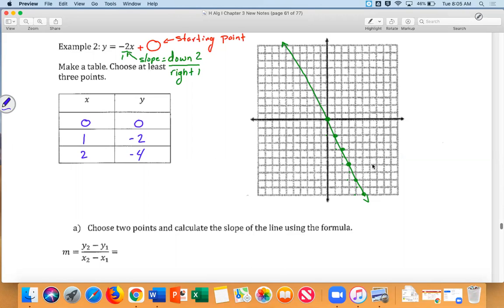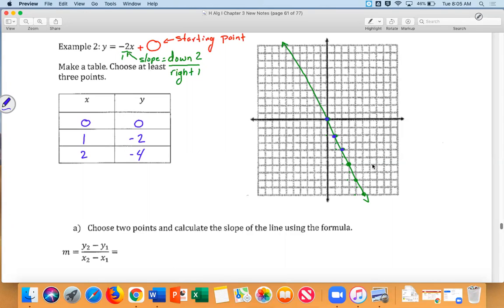Okay, I can check to see if they're on my graph. The point 0, 0 is on my graph. The point 1, -2 is on my graph. And the point 2, -4 is on my graph. So to justify my slope was -2, I can take these points.